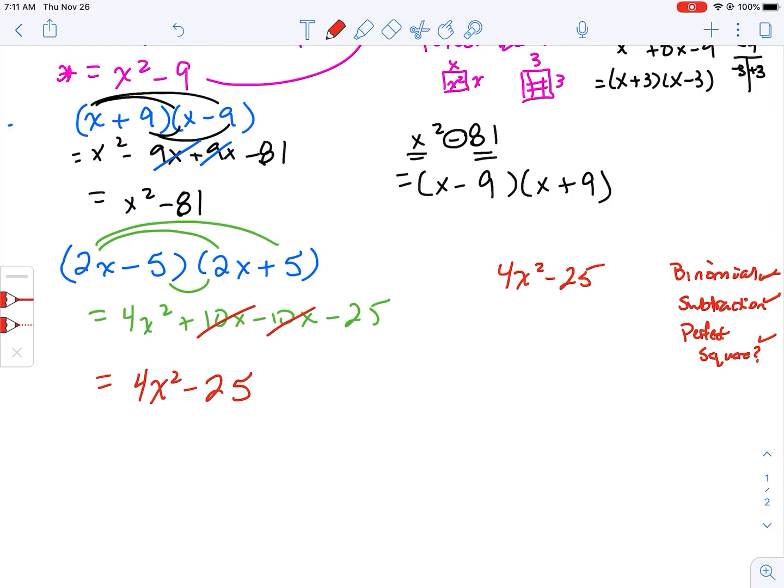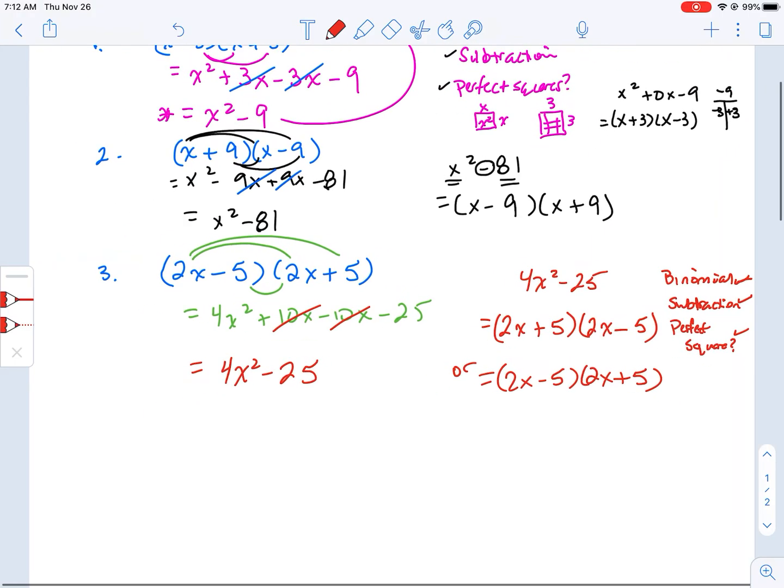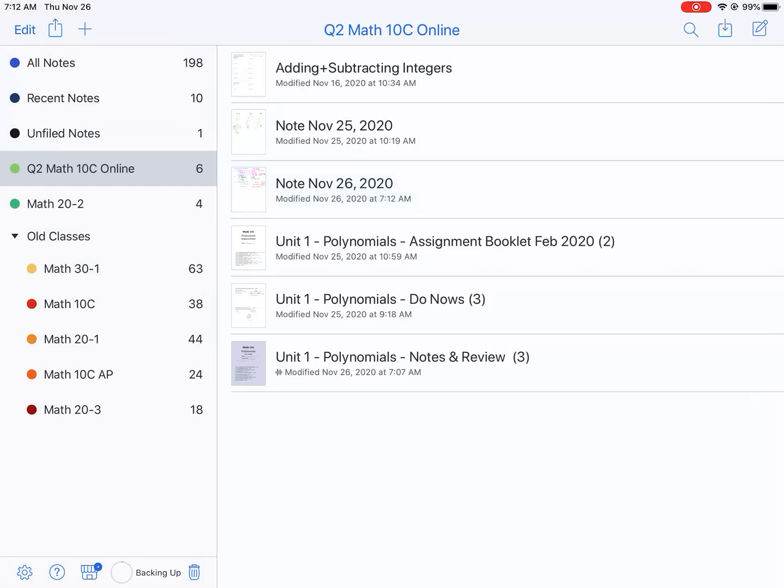So I recognize the square root of 4 is 2, and the square root of x squared is x. The square root of 25 is 5, and that's 2x and 5 again. And I usually put the minus sign first. It really doesn't matter. We can use plus or minus, or it could be 2x minus 5 times 2x plus 5. Okay?